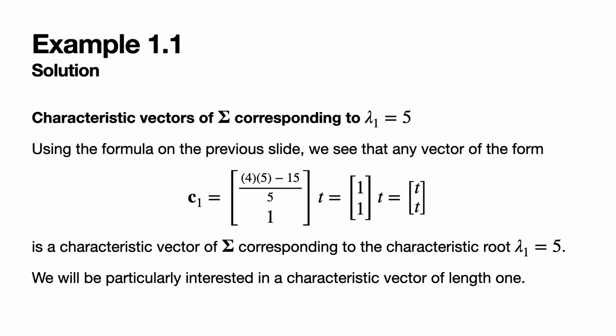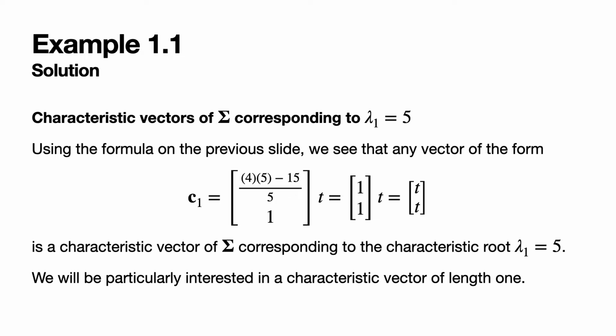So 4 times 5 minus 15 all over 5. That's 20 minus 15, which is 5 over 5, so that's 1. And so we have the 2 by 1 vector 1, 1, multiplied by the scalar t. We end up with a 2 by 1 vector with entries t and t.